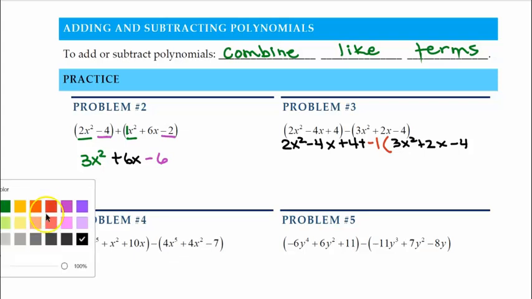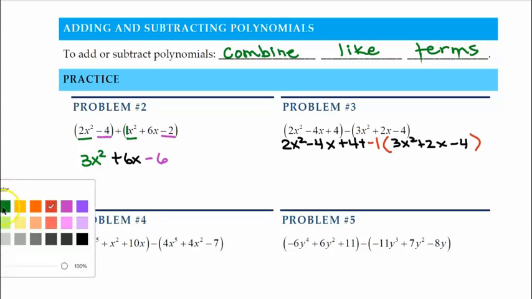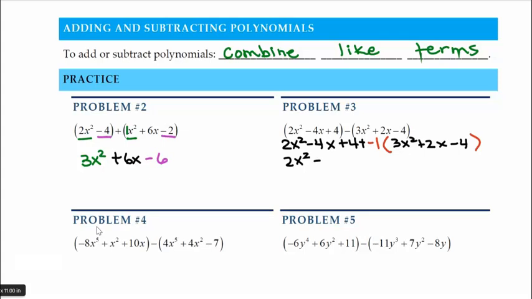All right, so let's distribute that negative through here. When I do that, all of these things stay the same in the front. Write these out again. But when I distribute this, now I have a -3x squared. And -1 times 2x is -2x. -1 times -4 is +4. And now that I've distributed that through, I can combine those like terms together.